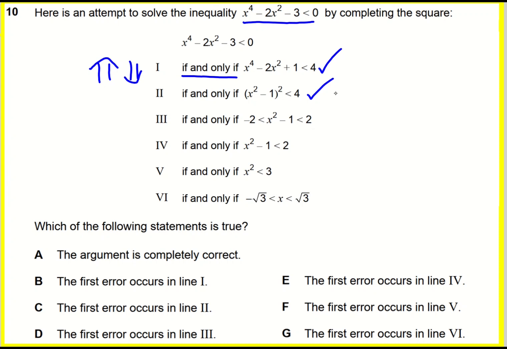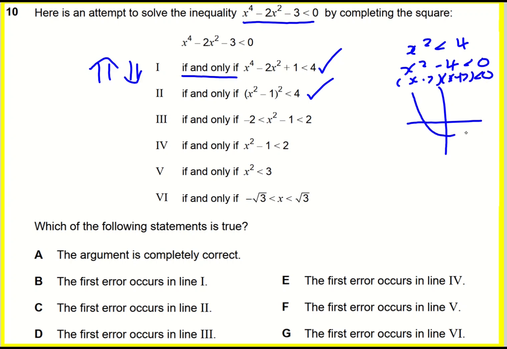Now for this inequality, let's just say for a minute that I had x squared less than 4. We could solve that by doing x squared minus 4 less than 0. This would be how I would solve it anyway, factorizing to give x minus 2, x plus 2 is less than 0. Draw a little sketch and see that, yes, it's between minus 2 and 2.